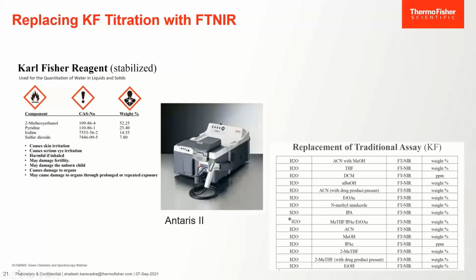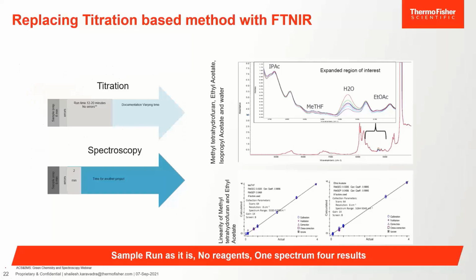This is a slide that was done for a green chemistry and spectroscopy webinar given by BMS recently. And it gives you a really good idea of the advantage. An FT-NIR analyzer can perform many of the assays traditionally done using titration, even hydroxyl value, acid value, iodine number, bromine number, moisture, and more.